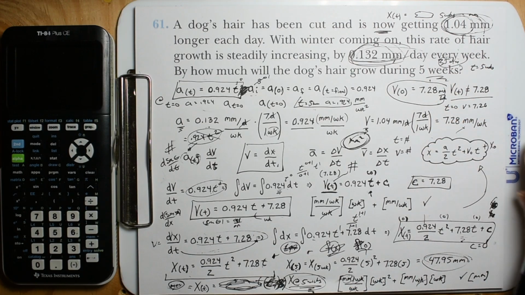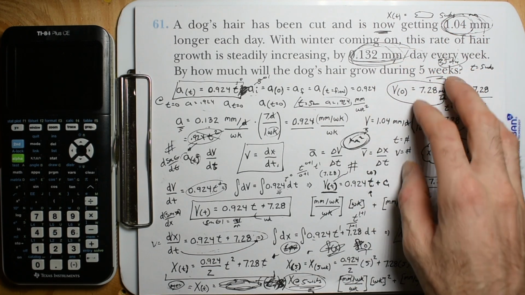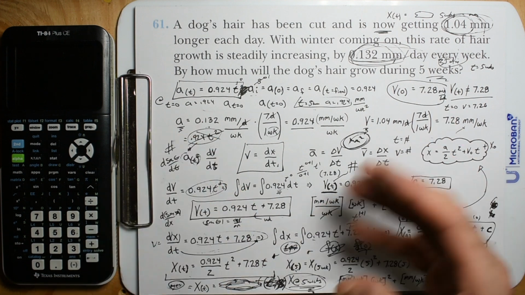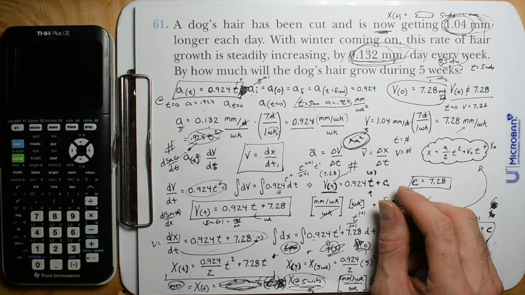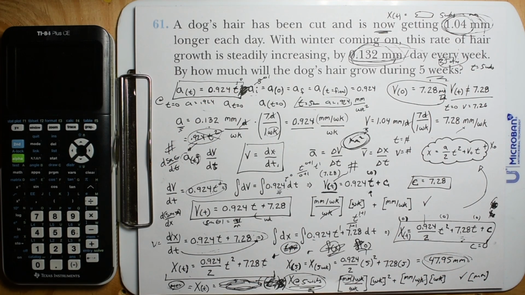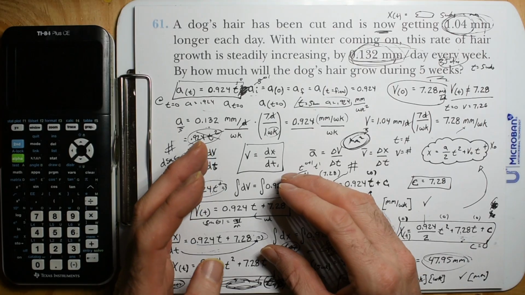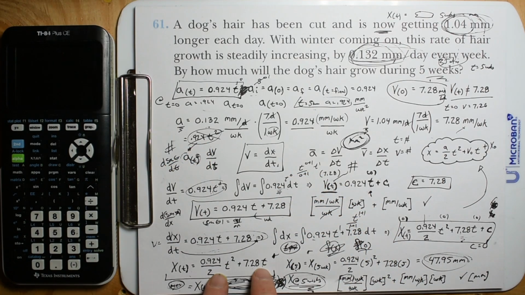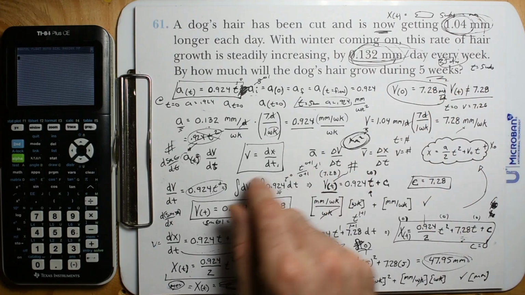And if you didn't even like that, classically, you would want to change things to meters per second. And you just might have more intuition using meters per second. And then going through the whole process and getting a function where t is in seconds, and then you would input, well, how many seconds are in 5 weeks?